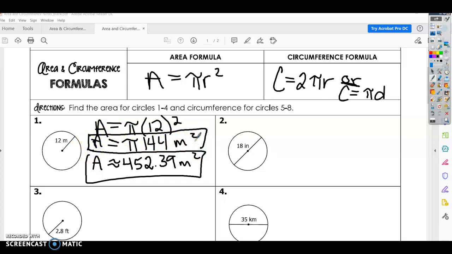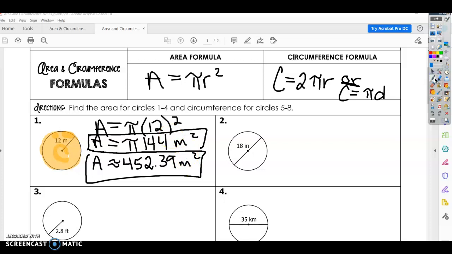And the bottom answer is if you multiply it by pi. Both are correct answers. All right, also remember that with area, you're talking about the inside. And I'm not very good at shading this in, but the inside, that's the area. So that's why you have meters squared.